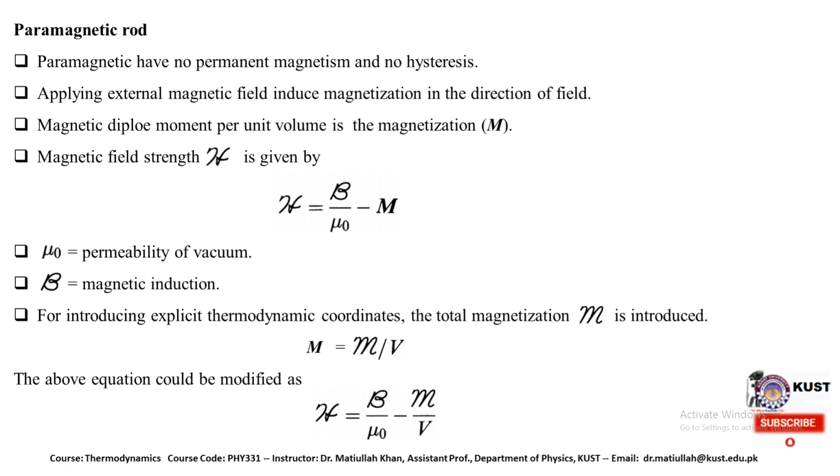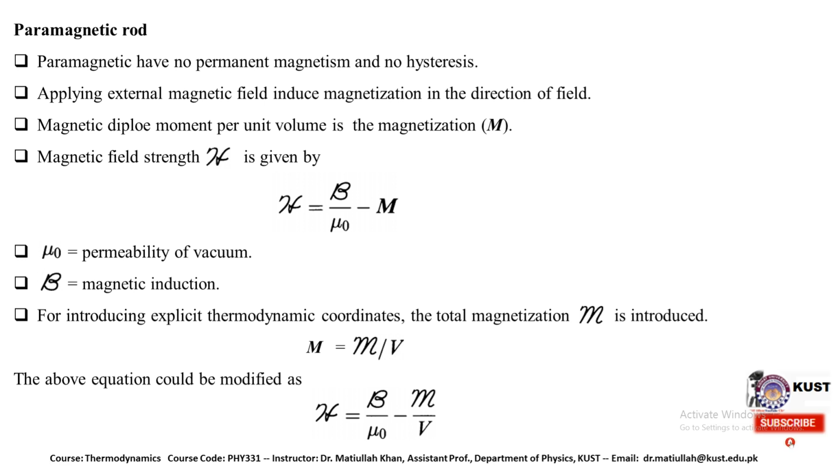For that purpose we need a coordinate called the total magnetization, represented by small m. The relationship is that capital M italic is equal to small m divided by V, that is, the total magnetization per unit volume is called the magnetization.